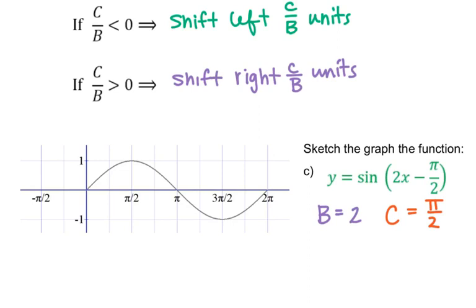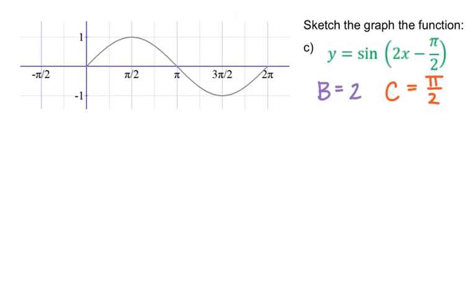So what is this going to do? This is going to cause the graph to shift c over b units. This is going to be a positive number, so we're going to shift to the right. So c over b, my ratio, which is my phase shift, is pi over 2 over 2.